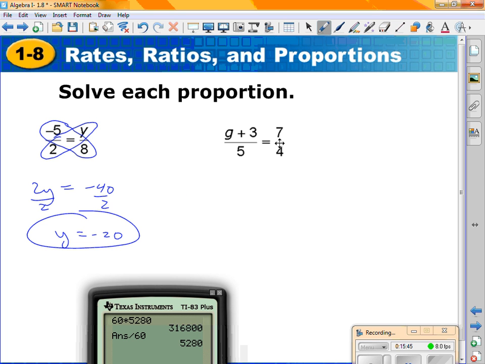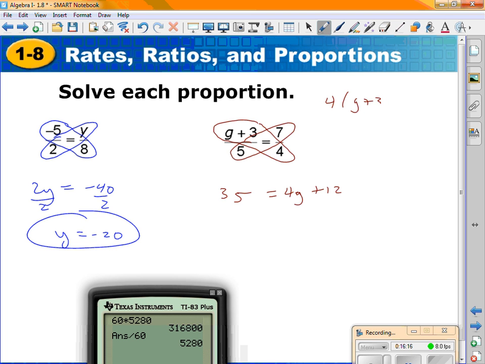Over here, there's a reason why I have this one on here. What's 7 times 5? 35. This one's different. Why is this one different? It has a plus 3. What you were doing is you're multiplying that 4 to everything on that other side. So it'd be 4G plus 12. It is distributive property. That's right.